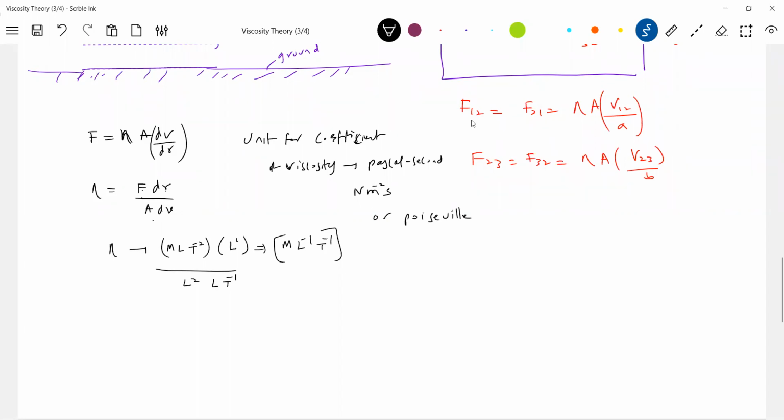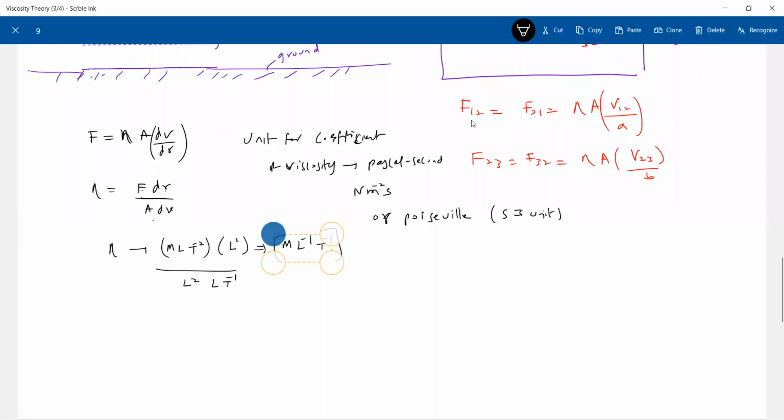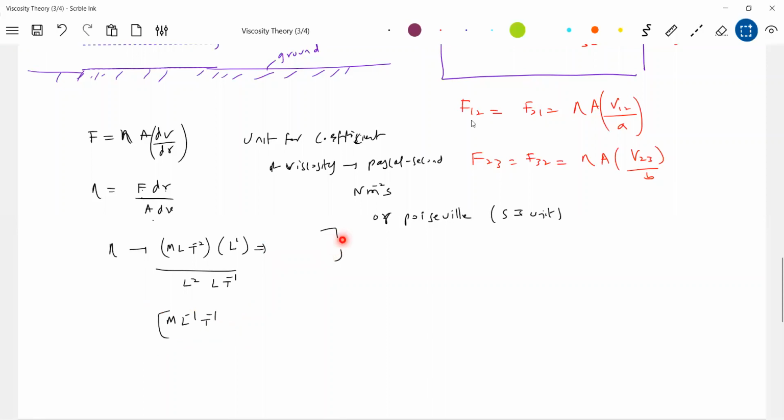Poiseuille is also an SI unit. So the coefficient of viscosity will be expressed in terms of Poiseuille. Rather than this, the more popular is the poise. This is the dimension, this is the SI unit. Viscosity: Pascal second or Poiseuille, either of these. So what is the CGS unit? Poise.